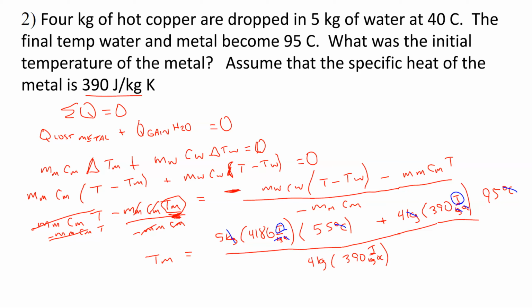Those joules on the top will cancel the joules on the bottom. And I also have this kilogram. It's going to cancel that kilogram. The only thing left is that degree Celsius right there, and that's on the bottom of the bottom. So that's going to invert up and give me a degree Celsius for the unit, which is good because I'm looking for the temperature of the metal.